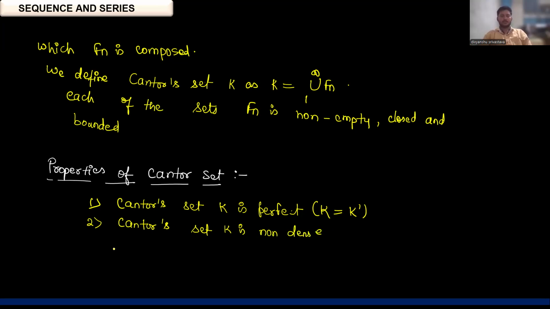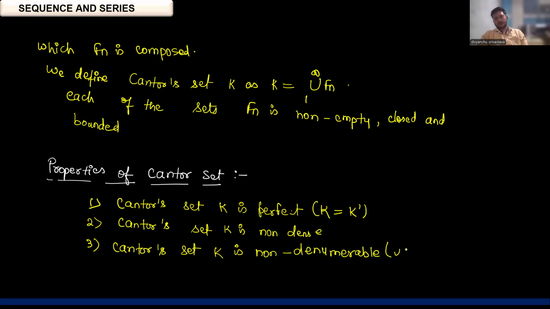And other thing is Cantor set K is non-denumerable, it means uncountable. So these are the properties of the Cantor set.